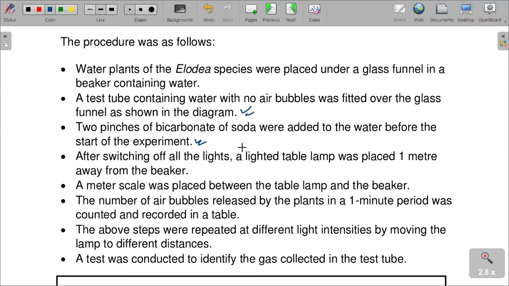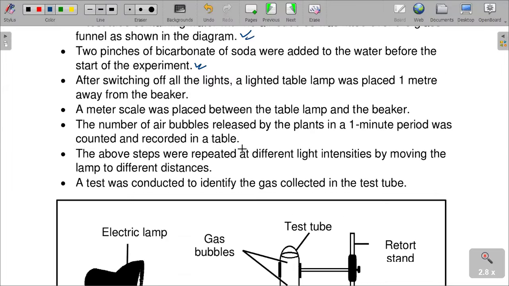After switching off all the lights, a lighted table lamp was placed 1 meter away from the beaker. A meter scale was placed between the table lamp and the beaker. The number of air bubbles released by the plant in a minute was counted and recorded in a table. The above steps were repeated at different distances.